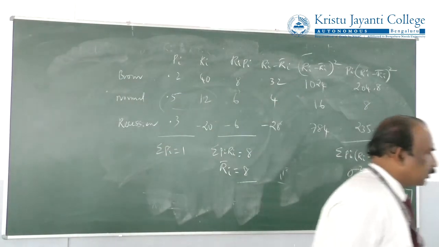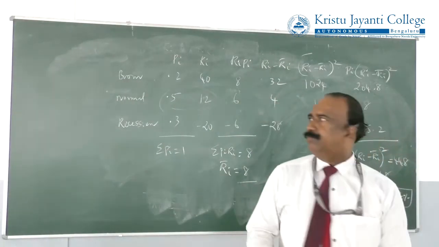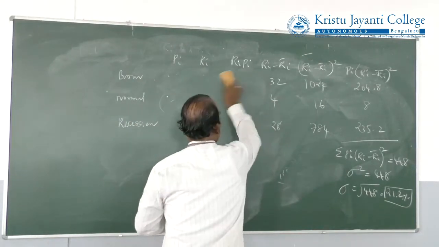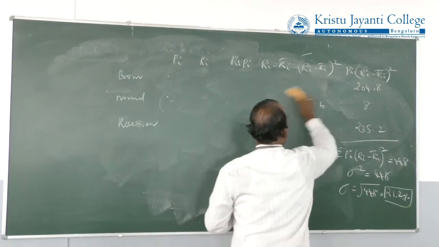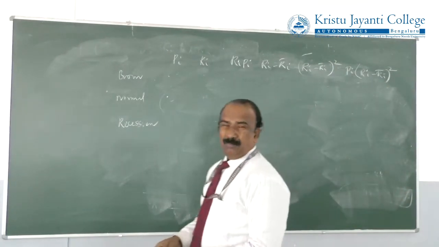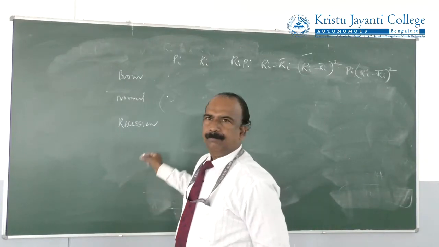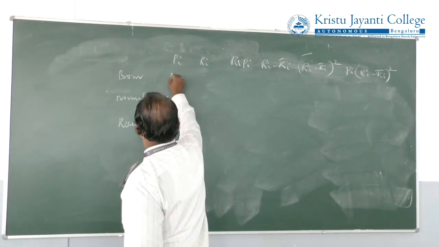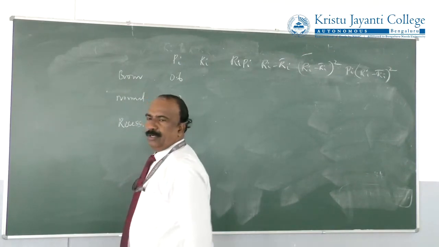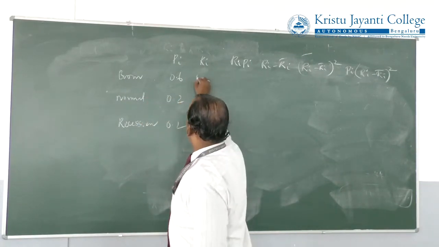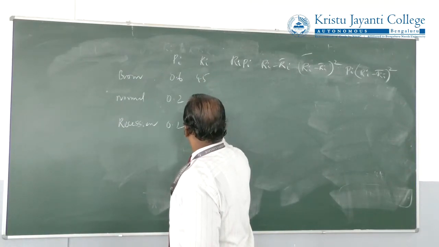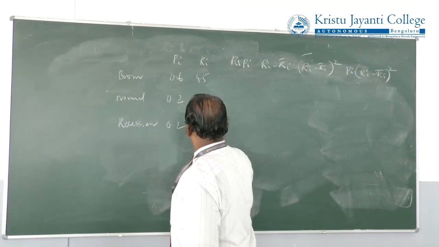Okay, so please take that. Boom 0.6, 0.2, 0.2. Ri: 45, 16, minus 20.